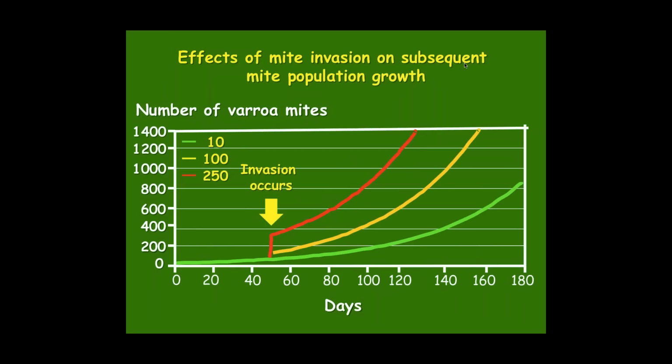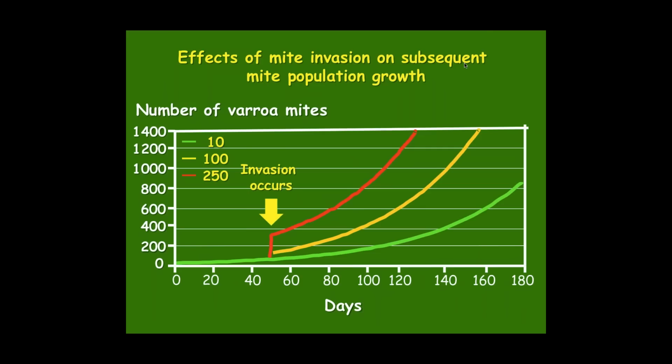Now let's look at the effect of invasion pressure and subsequent mite population growth. Again, our lines are starting out with 10 mites is green, 100 is yellow, and 250 is red. Excuse me, I got ahead of myself.